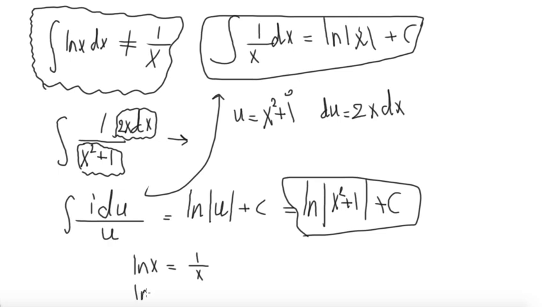Also, when we have ln of minus x, the result would also be the same. It will be 1 over x because it will be minus 1 over minus x, because we need to keep this at the denominator, and then we take the derivative of the inside, which is minus 1, so it will be 1 over x. So in both cases, whether we have the minus or not, we get the same result.